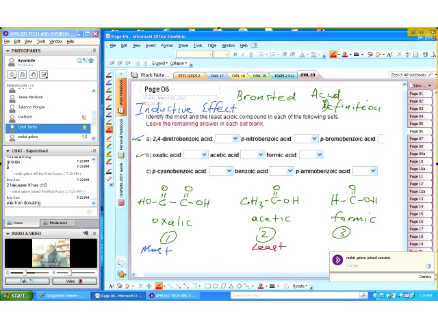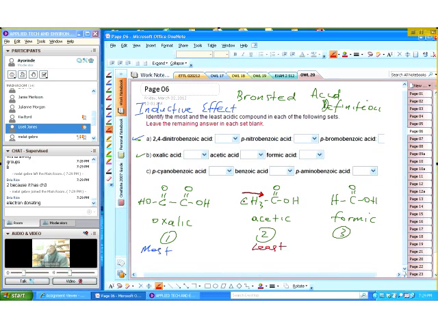Because here, the methyl group, and generally alkyl groups, have a tendency to donate electron or to direct electron to another carbon atom.